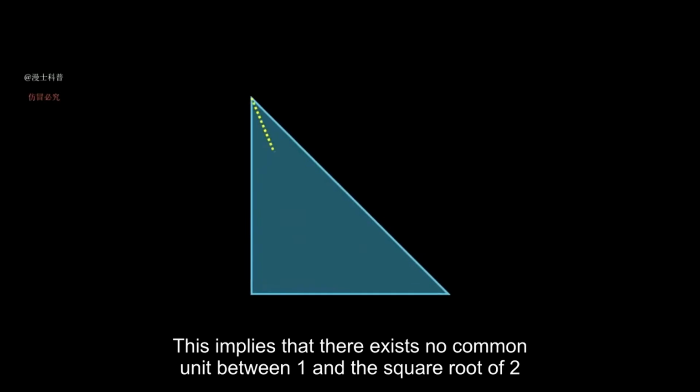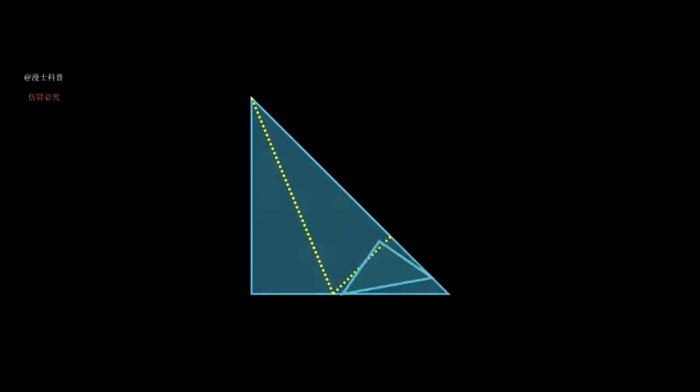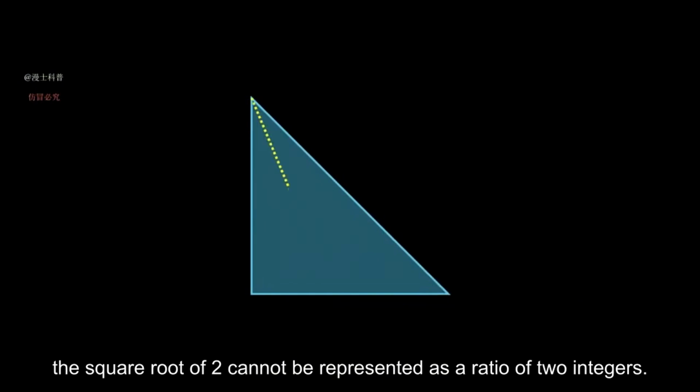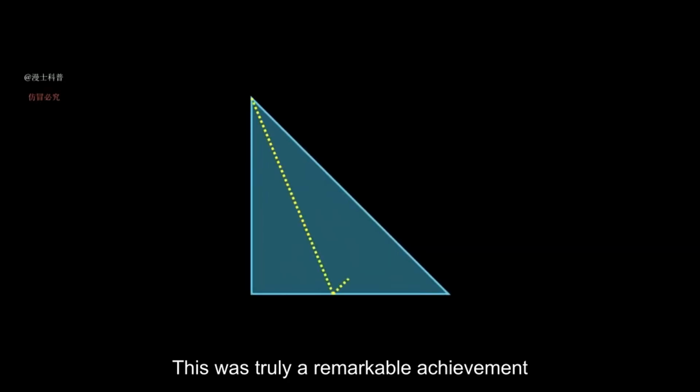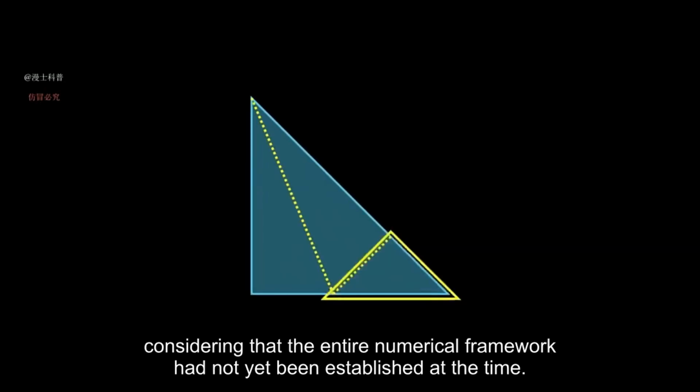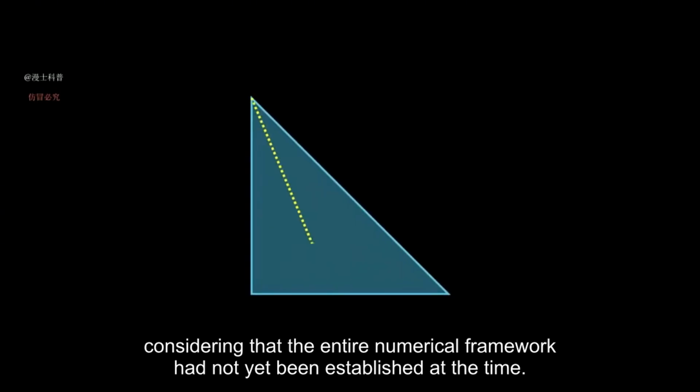This implies that there exists no common unit between 1 and the square root of 2, where both can be expressed as integer multiples of that unit. In other words, the square root of 2 cannot be represented as a ratio of 2 integers. This was truly a remarkable achievement, considering that the entire numerical framework had not yet been established at the time.